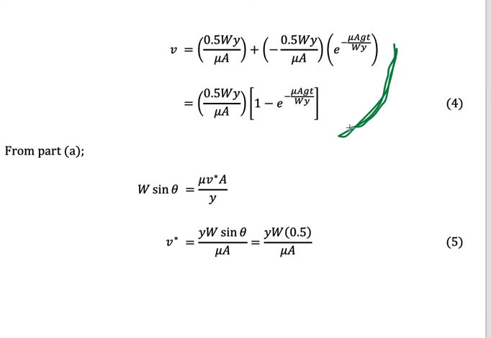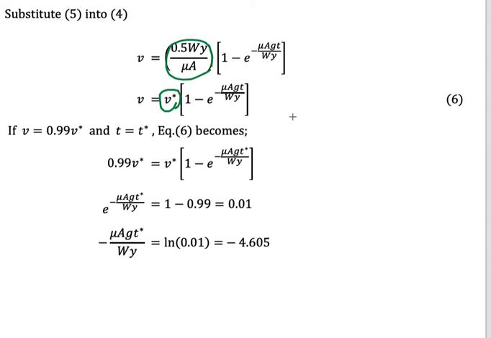Okay. After this, we put another condition, which is that the velocity is actually the terminal velocity, meaning the velocity is 0.99 before it becomes 100% terminal velocity. So we could write like this, and then t is equal to t star, just to show that the time is actually the time where the terminal velocity occurs.